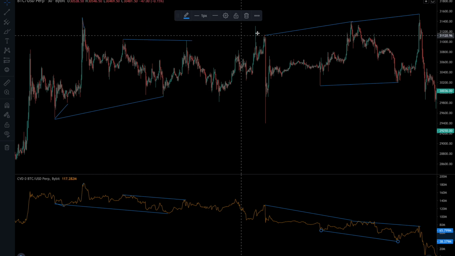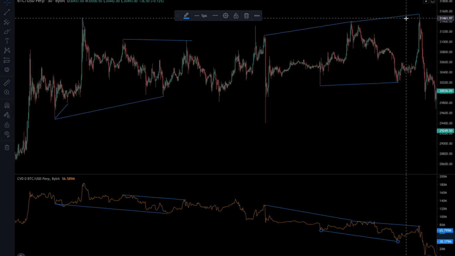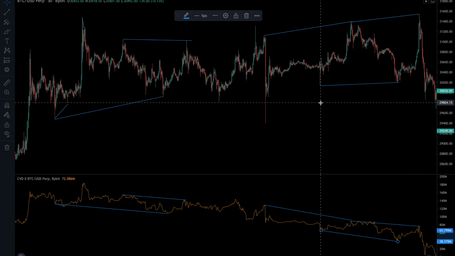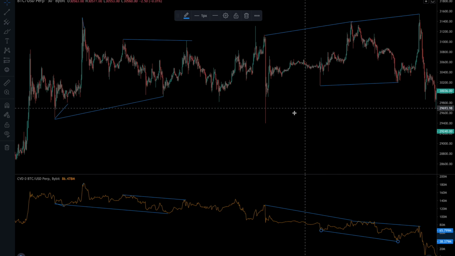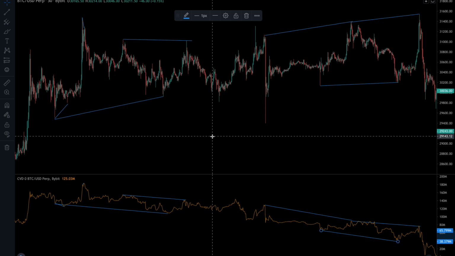Whereas at the top we have exhaustion. So there are not enough market participants who are buying to move the price higher. And for me, this might be a good example of a distribution range, where you have those big players who accumulated Bitcoin at lower prices, and now they want to distribute what they accumulated before.